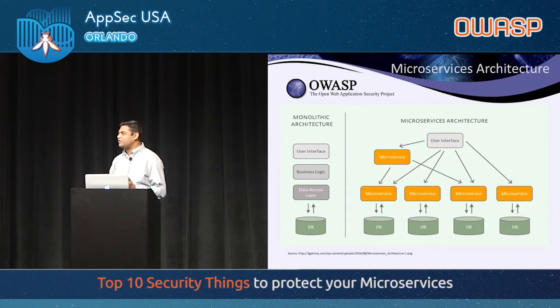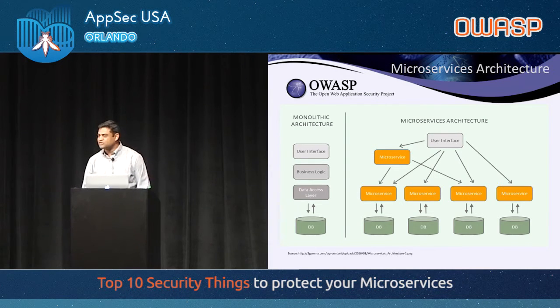How that has evolved is we have broken that business functionality into several independent applications, and each application becomes a microservice. So the business logic and the data access layer have split into several different microservices here. And you don't have one single database anymore. You have 4 different databases.